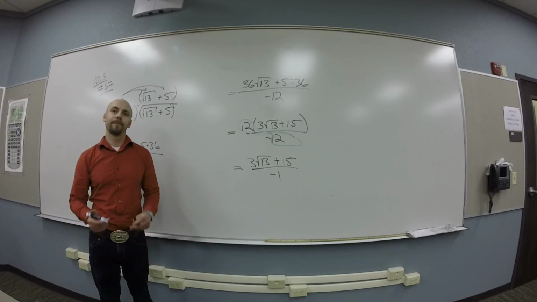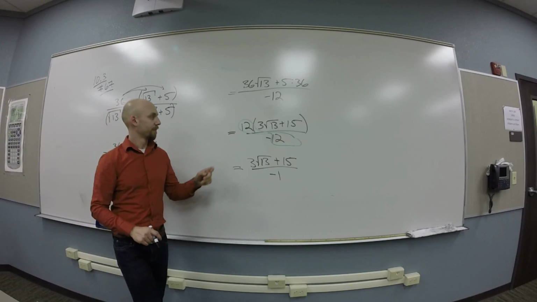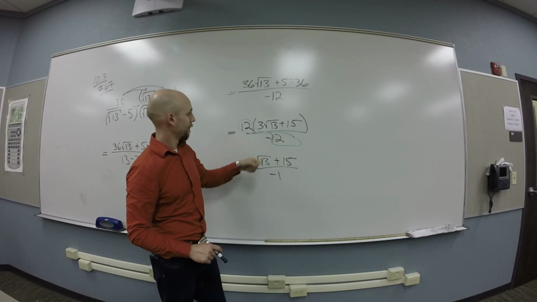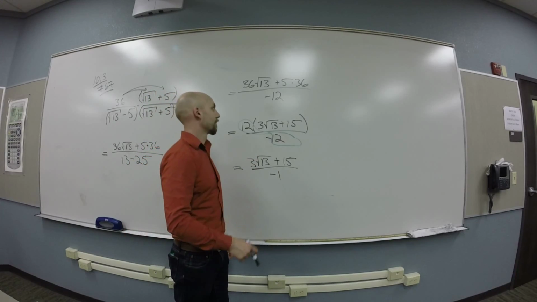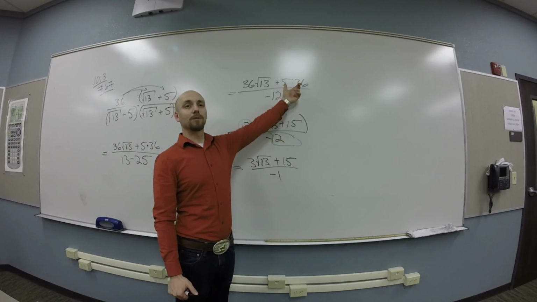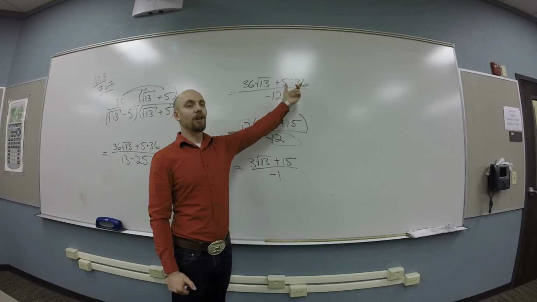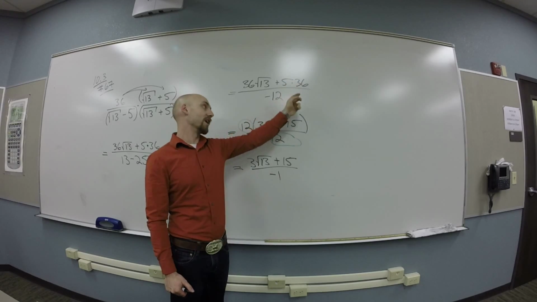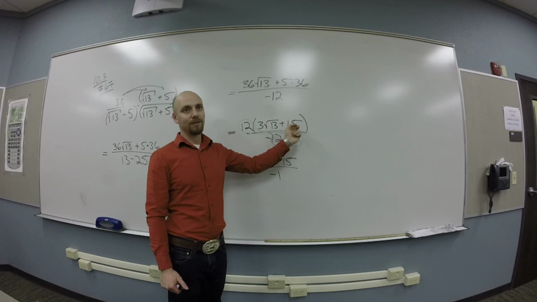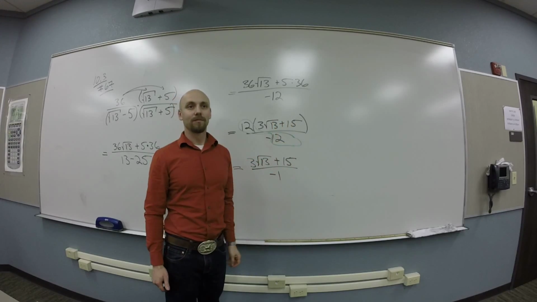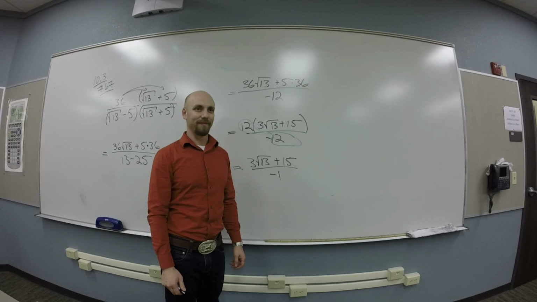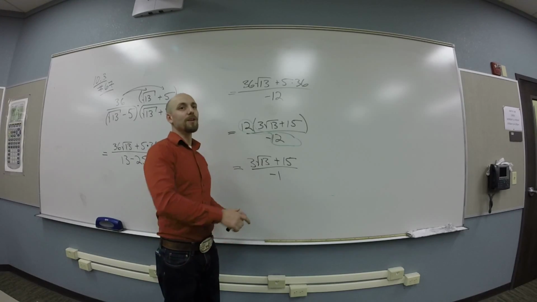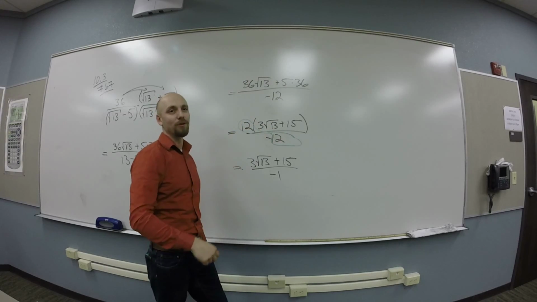How come you wouldn't multiply the 5 times the 36 and then reduce from there? Yeah, so if you multiply the 5 times 36, you'll get 180. Then you'll have to notice that 12 goes into 180 15 times. But that still leaves you with 36, but you need to factor that 12 out of everything.